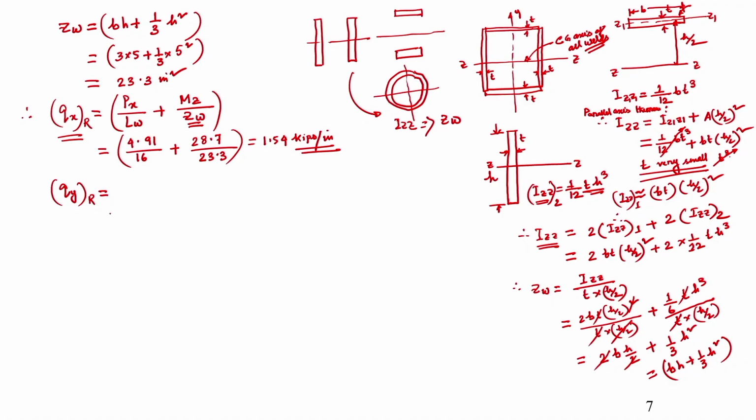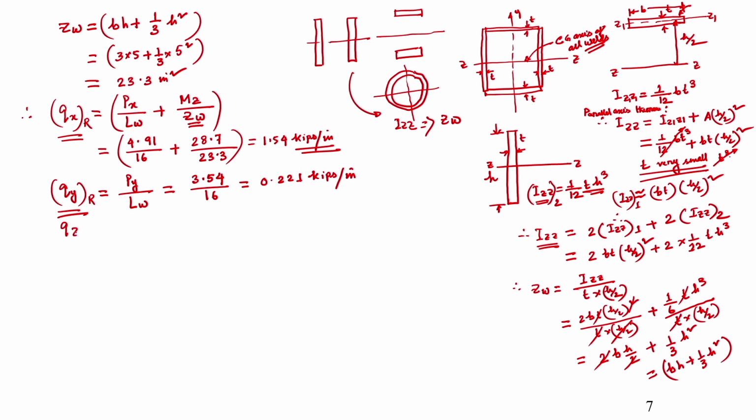So, that is why here Qy resultant will be Py by total length of weld. Here Py is given as 3.54 divided by 16. So, this will be 0.221 kips per inch. This you should keep in mind. So, shear flow in x and y direction we found out.